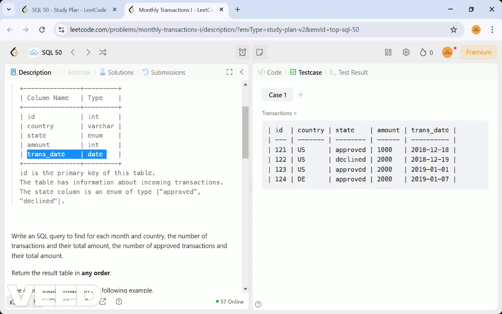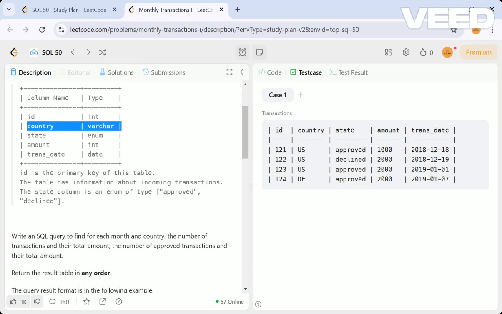By grouping month and country, we get, for each month and country, the number of transactions. The state of a transaction may be approved or declined, but for any transaction, grouped by month and country, we have to get the count.